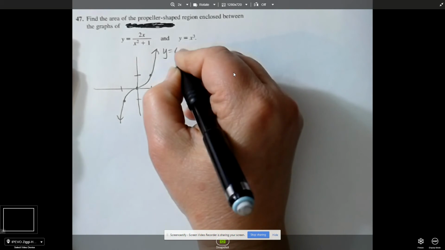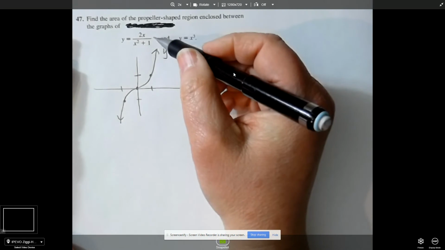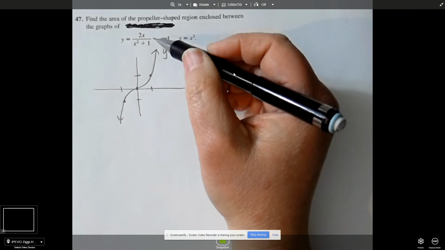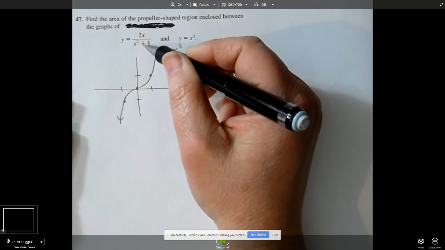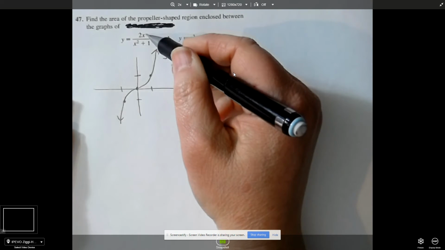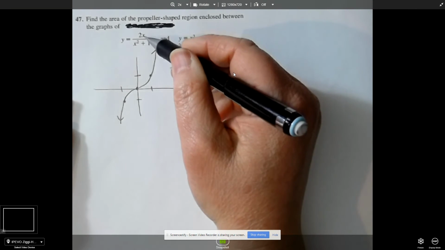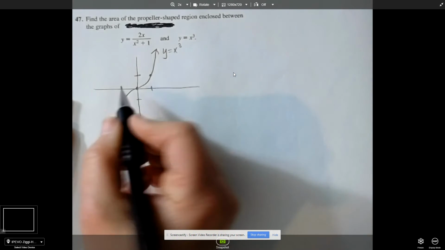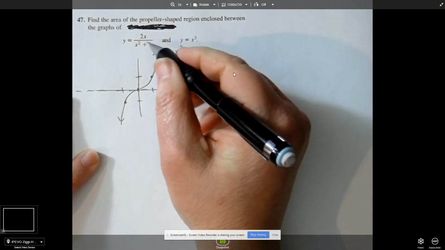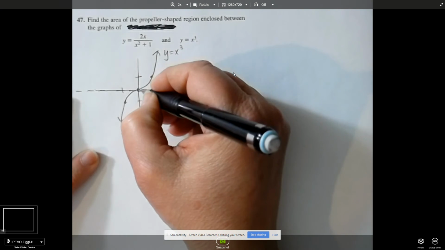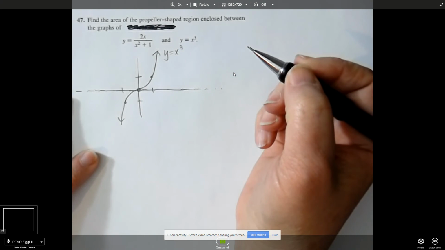Y equals x cubed. This function here is a rational function, but it has no real zeros, and its horizontal asymptote is going to be y equals 0 because the degree of the numerator is smaller than the degree of the denominator. So I can put my horizontal asymptote here. And when x is 0, my y is 0, so it passes through the same origin point.